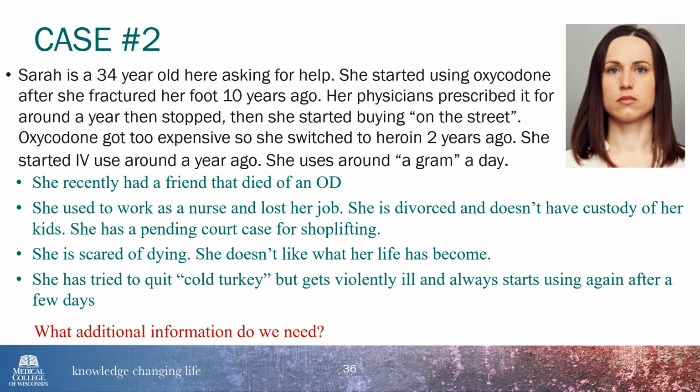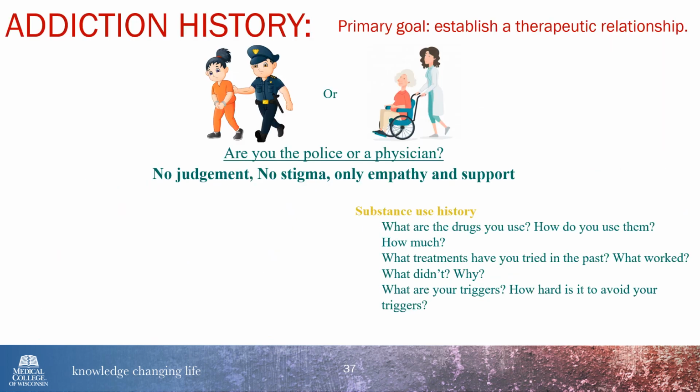She's given us a lot of information about her life here. What else do you need in order to offer treatment? So addiction history is a thing that many clinicians aren't really familiar with, and it's really important. I have to stress that your primary goal in taking addiction history is not to sound like the police, right?